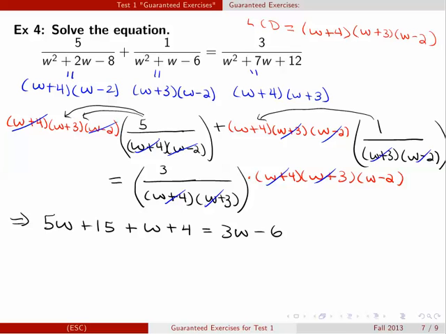So let's do this. So this is going to be 6w plus 19 equals 3w minus 6.